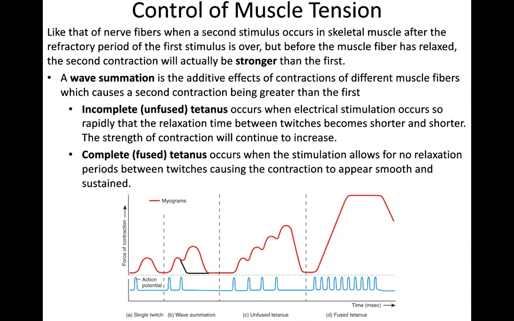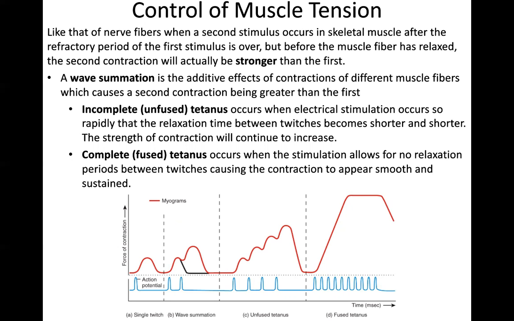Okay, so thinking back again to that same lecture on action potentials, we talked about a process called summation. Remember how we talked about if you hit a neuron a second time with a stimulus, it can add those depolarizations together? Well, the same thing can happen to muscle fibers with regards to the amount of tension they produce.